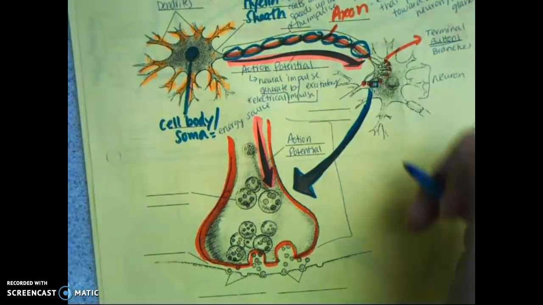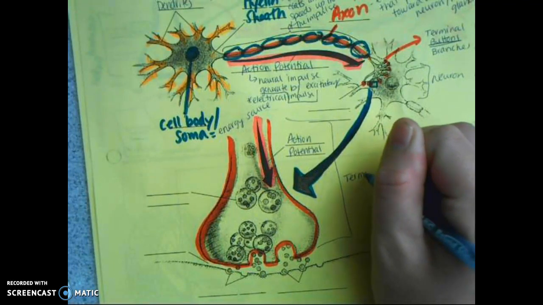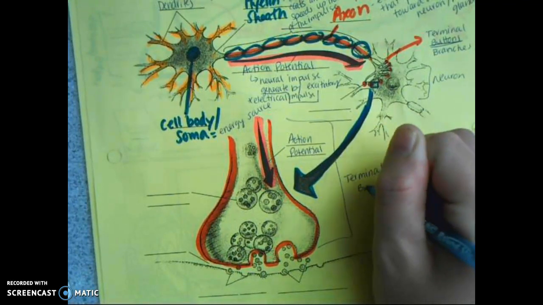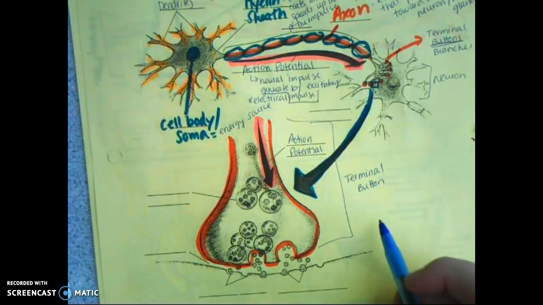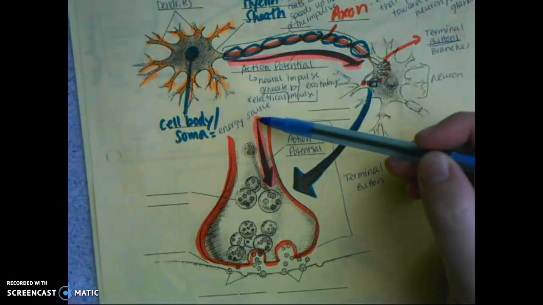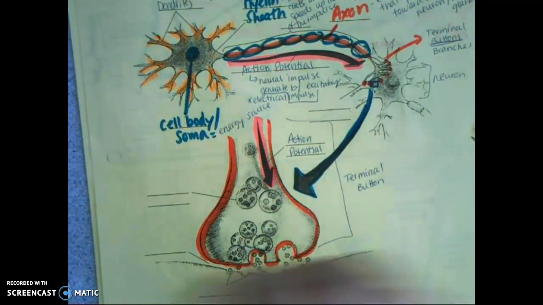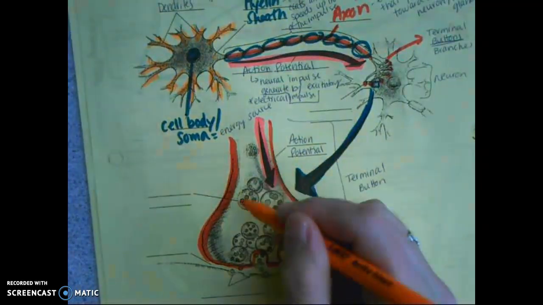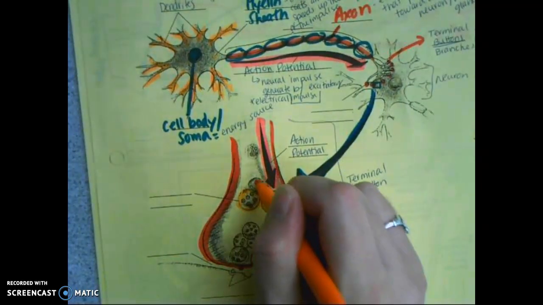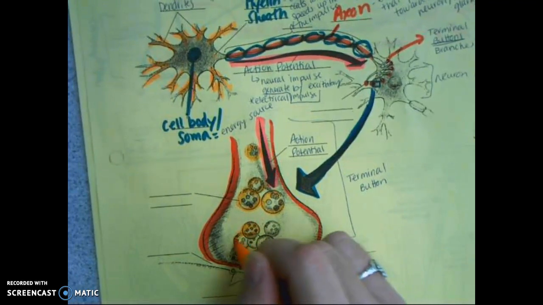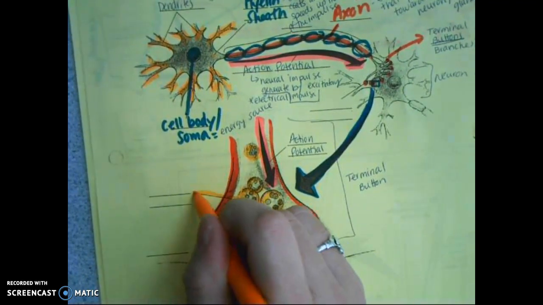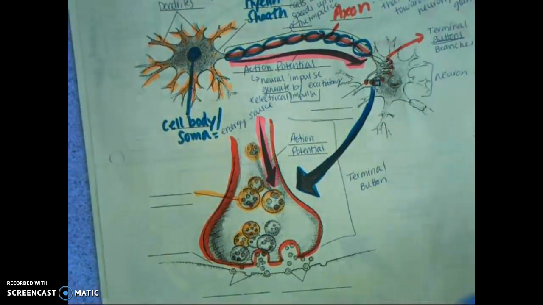So this whole thing is a terminal button, which is at the end of a neuron. Okay? So as the action potential comes down into the terminal button, it's going to start activating these orbs, if you will. Right? These sacs. So all of these are different sacs. Okay? And these sacs are referred to as vesicles.